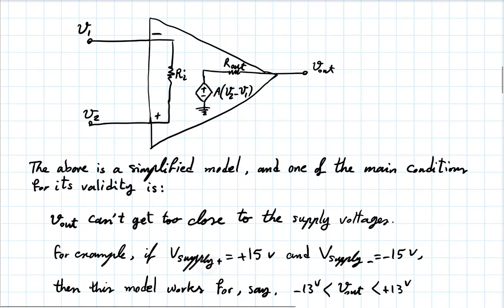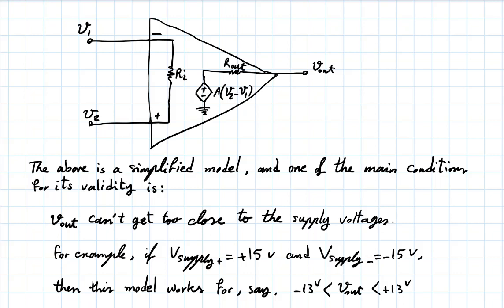Now, what do you think happens if I try to drive Vout to these limits and beyond? If I'm saying that Vout is modeled by a large gain multiplying the difference between the two inputs, then I can just increase the difference between the two inputs and keep increasing Vout in either direction, positive or negative, right? So imagine, and let's assume that my gain is 1,000,000 for simplicity, then if the difference between V2 and V1 is 1 microvolt, the output is going to be 1 volt.